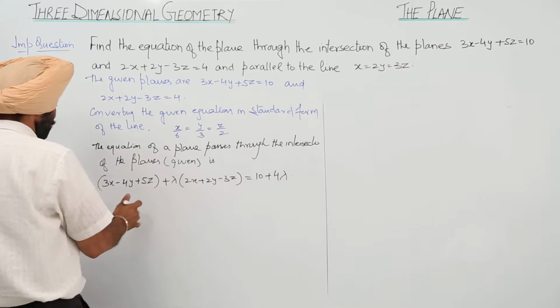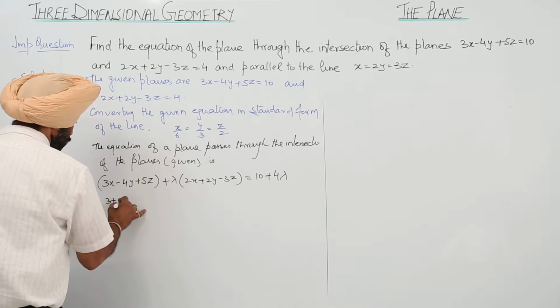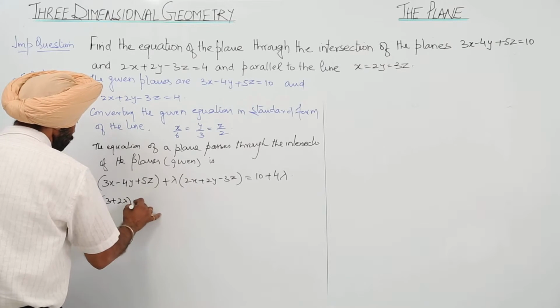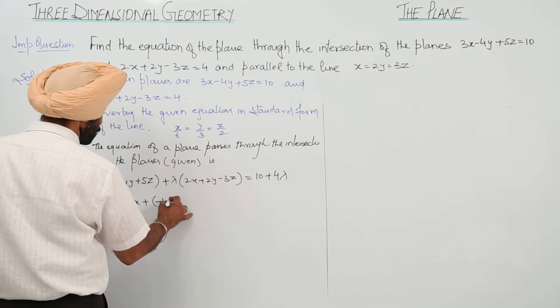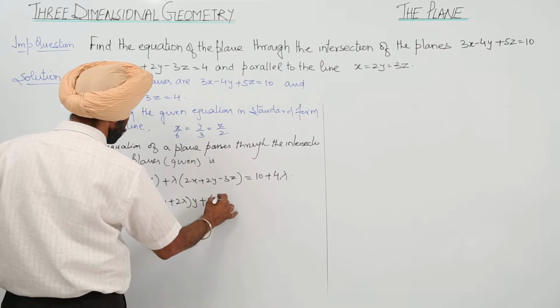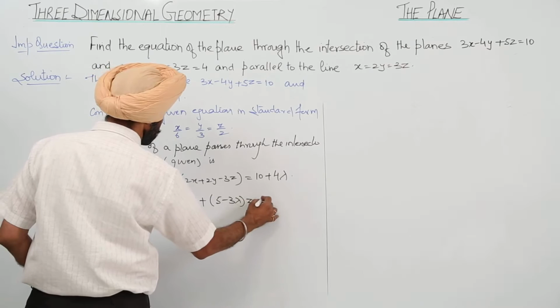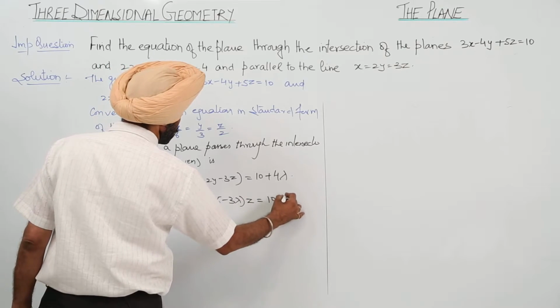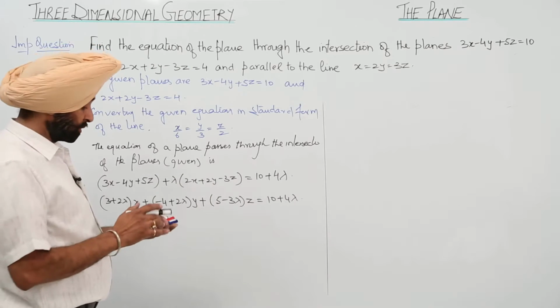Now, this can be represented as (3 plus 2 lambda) x plus (minus 4 plus 2 lambda) y plus (5 minus 3 lambda) z is equal to 10 plus 4 lambda. Up to here, simple general things.